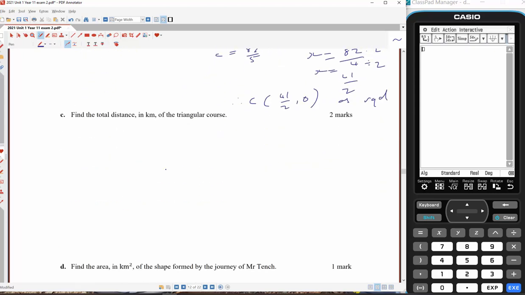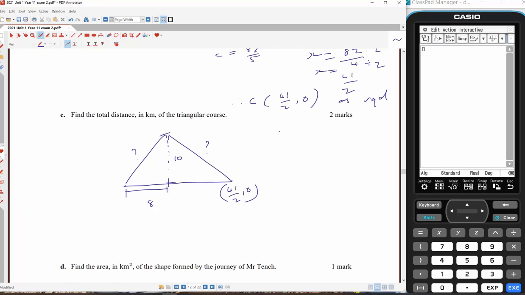Total distance in km of the triangular course. So that's 41 on 2. From there to there is going to be 8. From there to there is going to be 10. So I need to work that out, and I need to work that out.